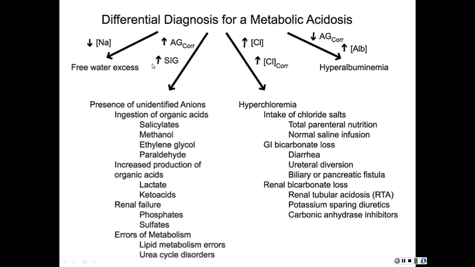Generally, your anion gap is going to increase along with that strong ion gap difference at the same time, and those are the MUDPILES types of causes that most people remember. Does anybody remember what MUDPILES is comprised of?